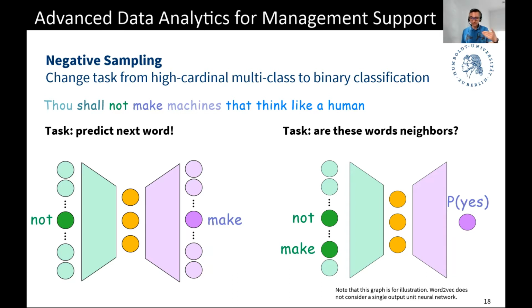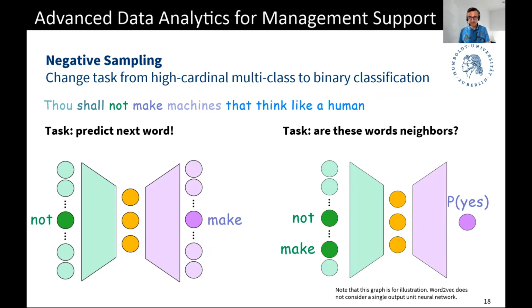So as opposed to predicting the probability of the word make occurring after us seeing the word not in a sentence, we change the task, we feed the neural network two words, not and make, and ask the neural network to tell us how likely do you think these two words occur in the context?